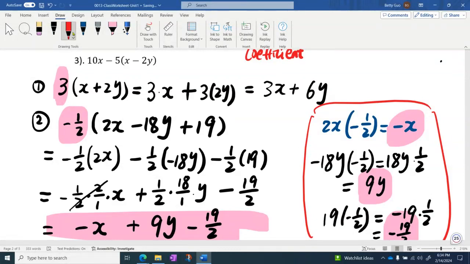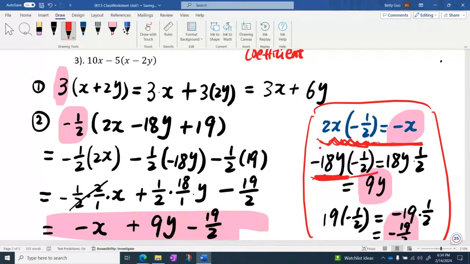So on your scratch paper, you give the first term the coefficient negative half. The first term is 2x. You multiply 2x by negative half, and you get a negative x. Do you have a question about this step? The second term in the group is negative 18y.